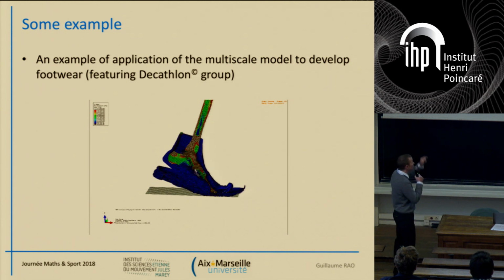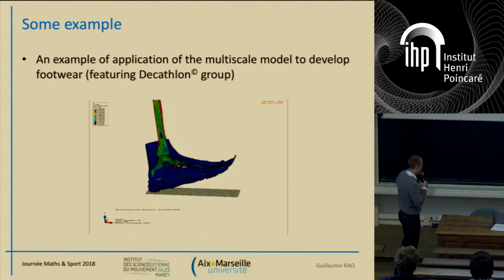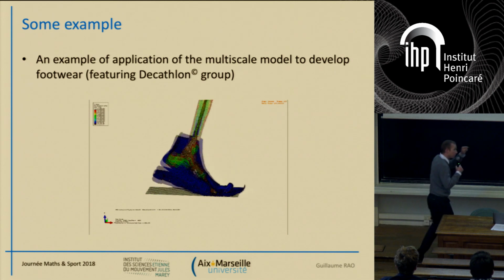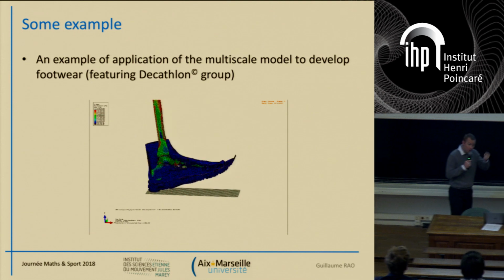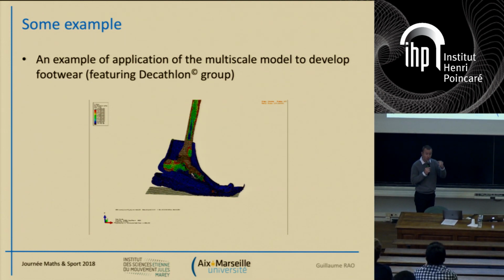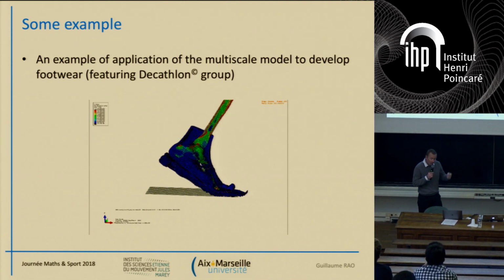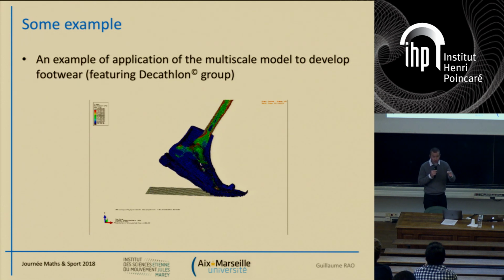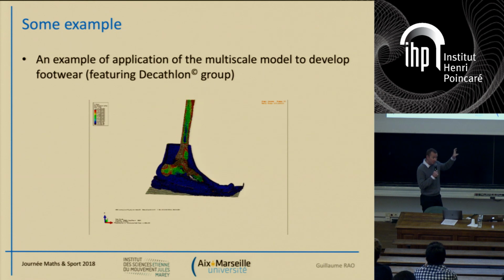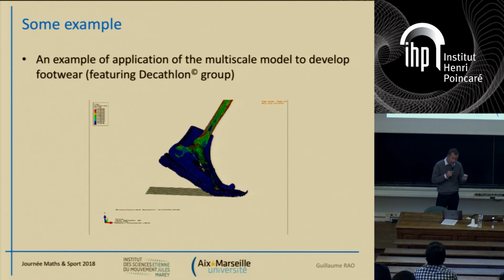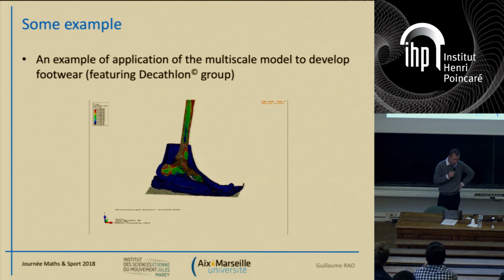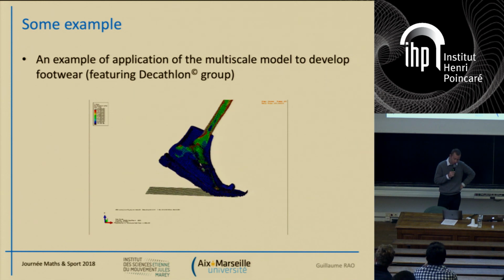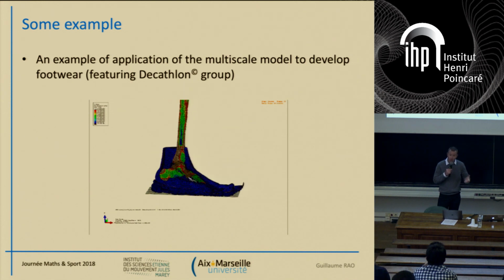As you can see, there is a sole here with specific material properties. You can change these properties, you can change the shape, the geometries, and you can have a look at how these changes impact the loads within the body. And using that, you can optimize the shoe features to reduce the strain within the elements.